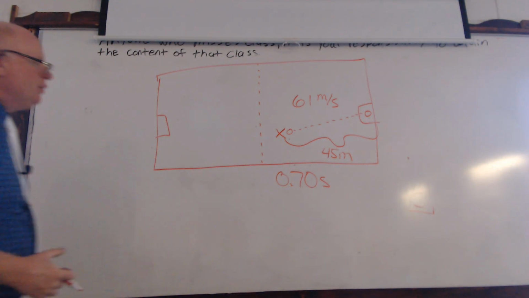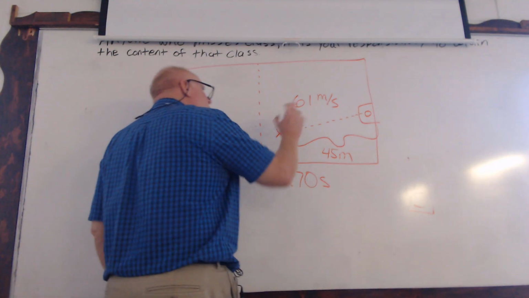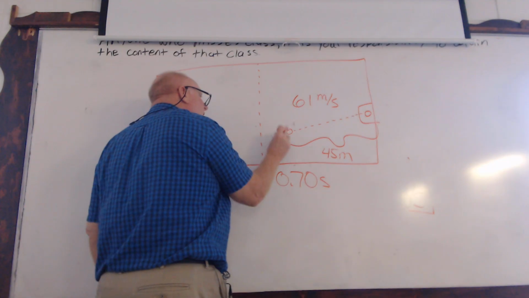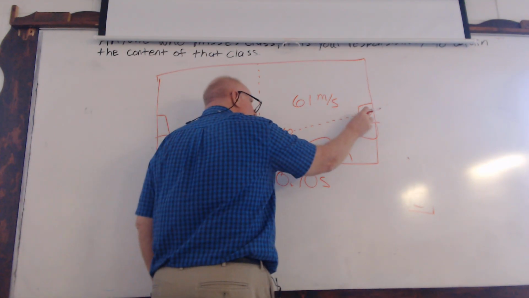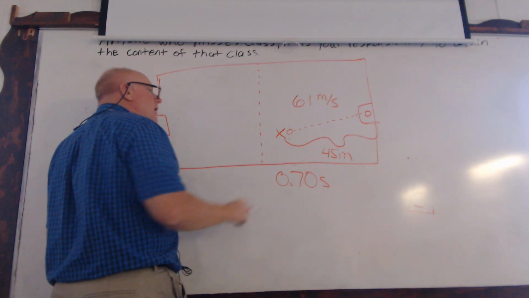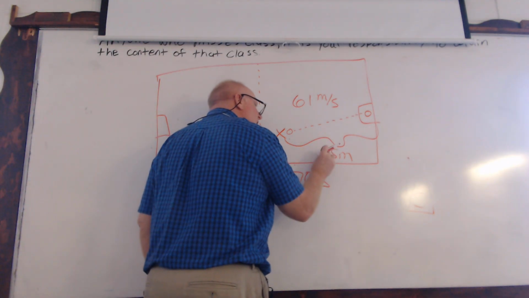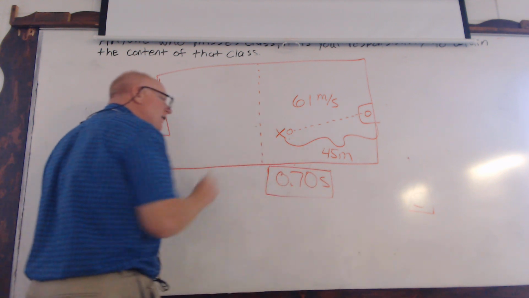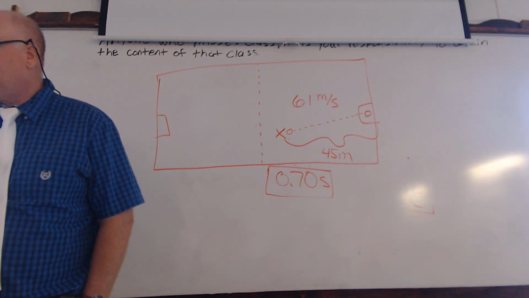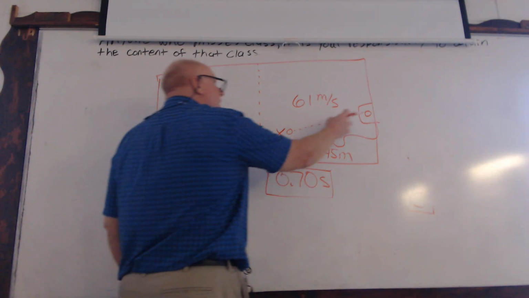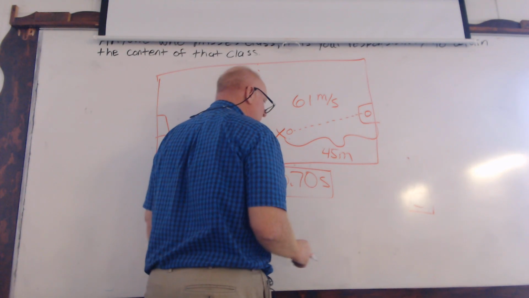So what the review is saying is maybe compare this scenario. A hockey player takes a shot at the goal. The puck is moving at 61 meters per second from 45 meters away, and there was 0.70 seconds left on the clock. You need to solve for time, and did this puck reach the goal in time?